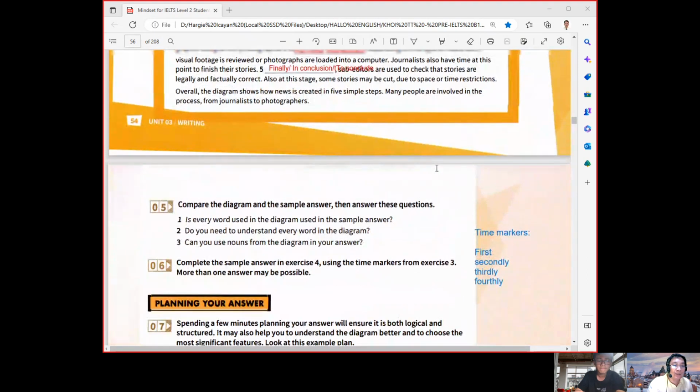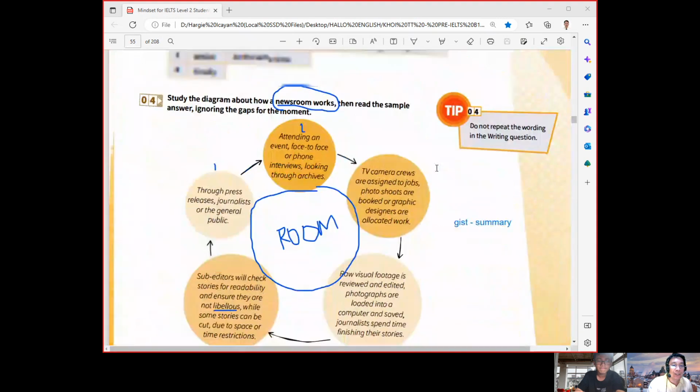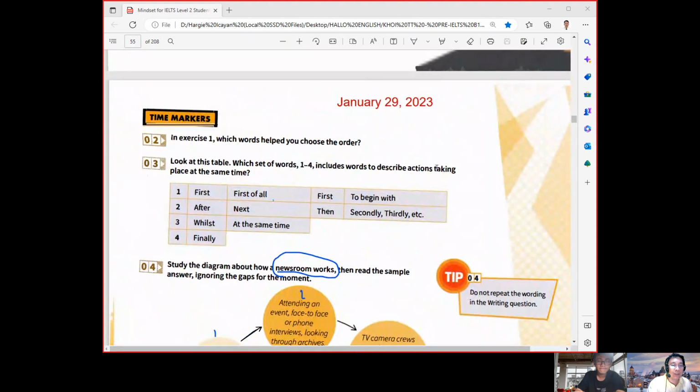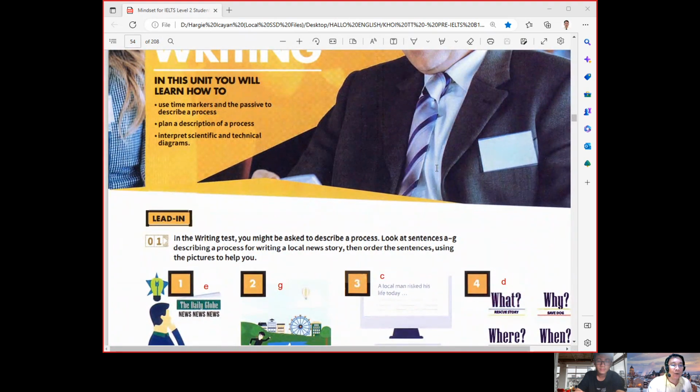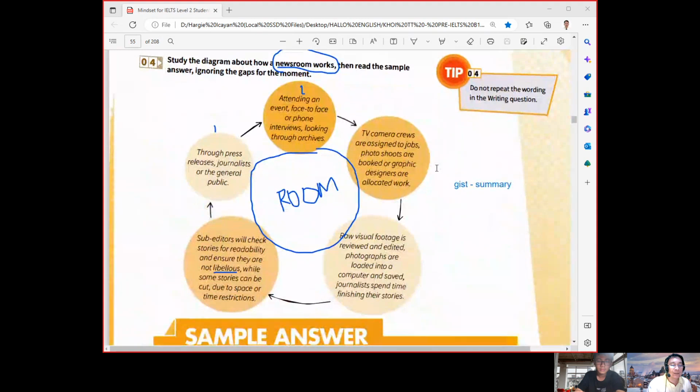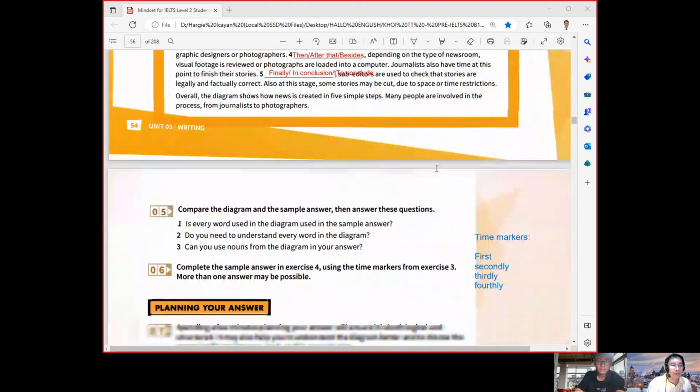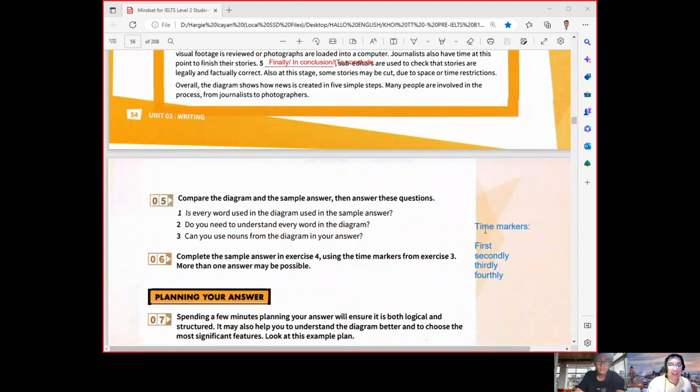Remember the so-called markers? What do we call those? Time markers. Okay, we call this one time markers.